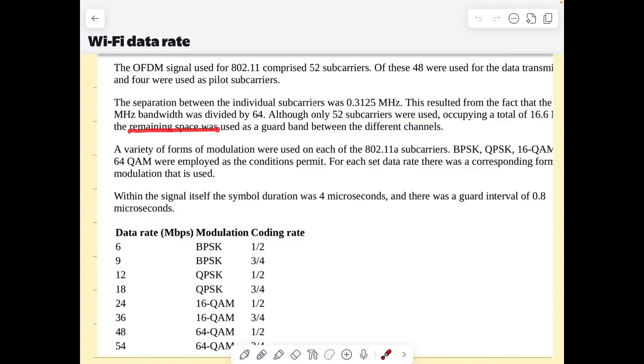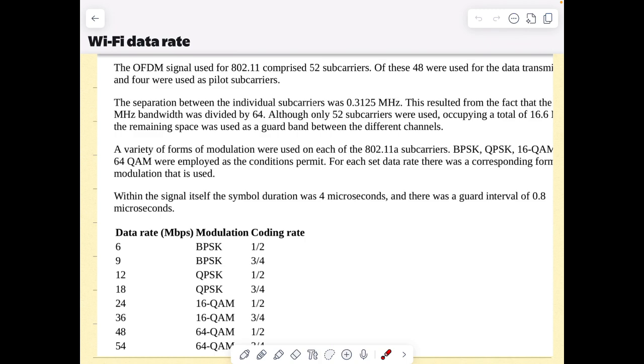The remaining space is used as guard band between different channels. Even though subcarriers are supposed to be orthogonal in OFDM, in actual implementations it's not perfect, so we have to leave some bandwidth for guard band.